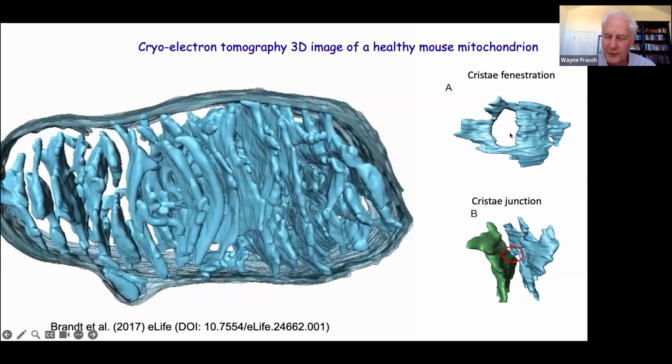They have little windows in them, and that increases the amount of edges that you have for this curvature. In addition, you'll see that in a healthy mitochondrion, you'll have very small, tight junctions with the outer membrane. That's shown here, this being the outer membrane and this being part of the cristae.